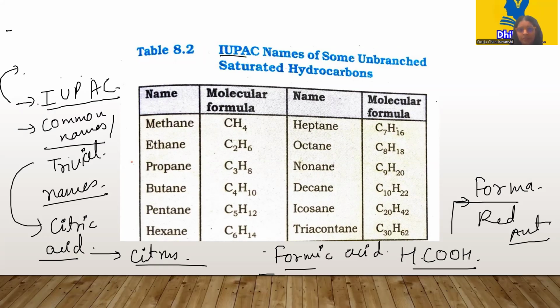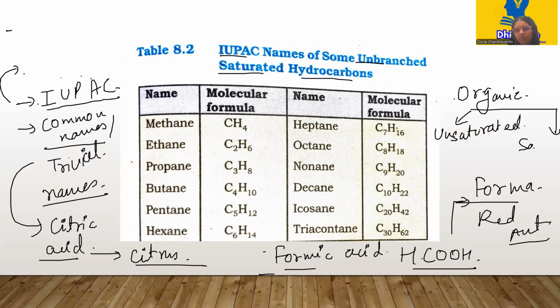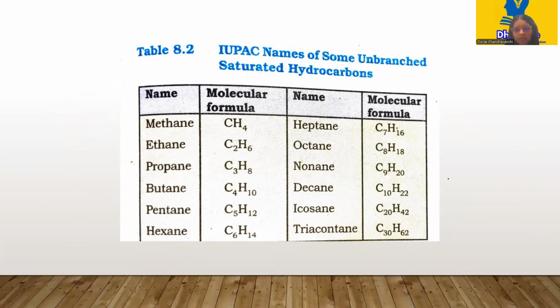Coming to IUPAC names of unbranched saturated chains. What is saturated, unsaturated? Let's take a moment to discuss those two. Organic compounds can be divided into two types: unsaturated and saturated.